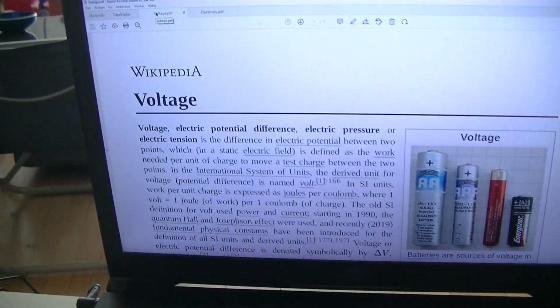Yes, I can barely read this, but I put it down there. Voltage, electricity, electric energy. But next is voltage.